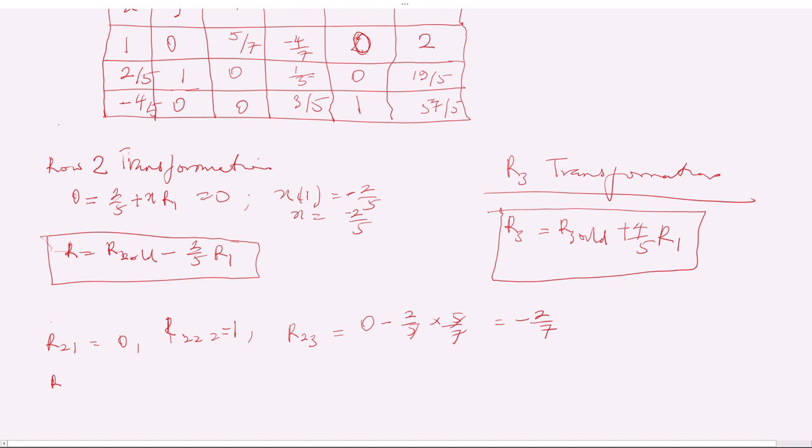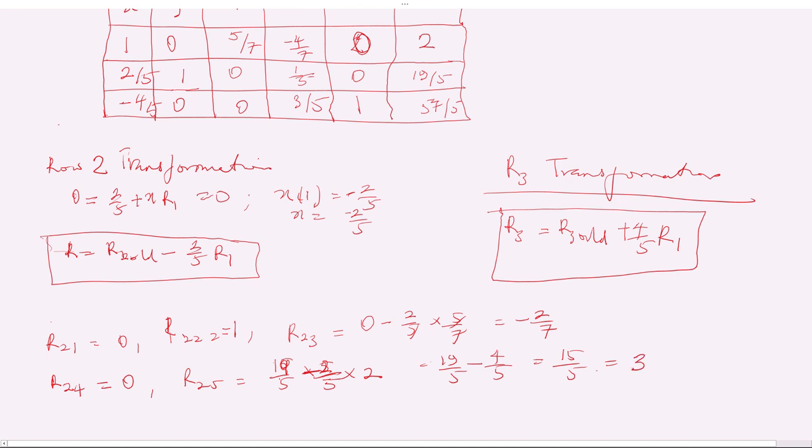R24 equals 0. R26 equals 19 over 5 times 2 over 5 times 2, so minus 4 over 5, 15 over 5, which equals 3.